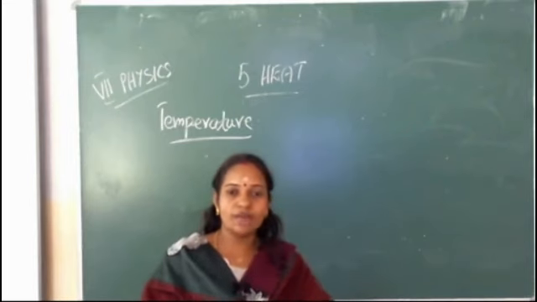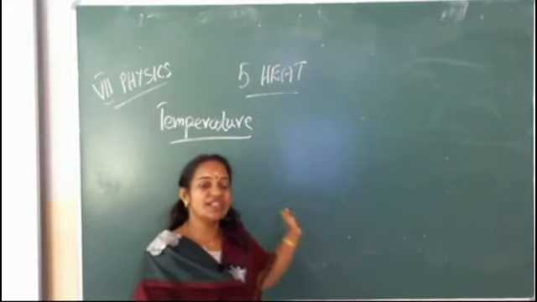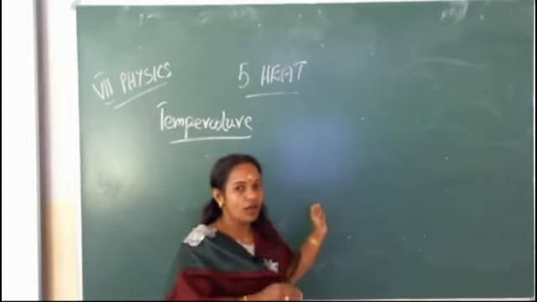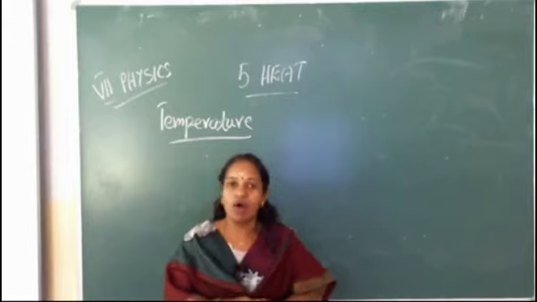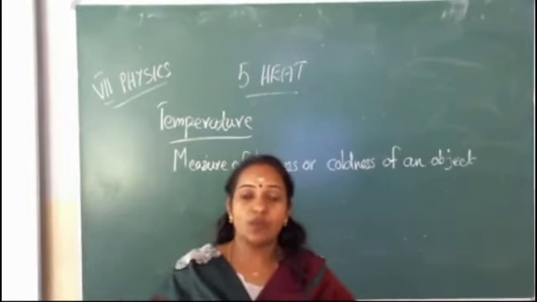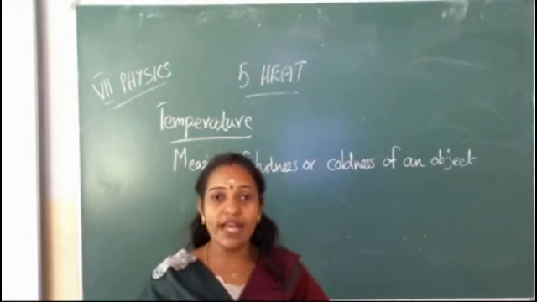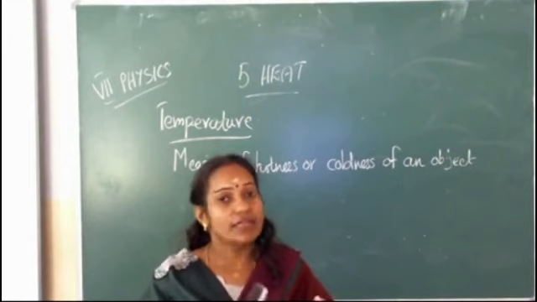For a cold object, the temperature is low. That means temperature is a measure of hotness or coldness of an object. If you are heating an object, its temperature rises. If you are cooling an object, its temperature decreases.